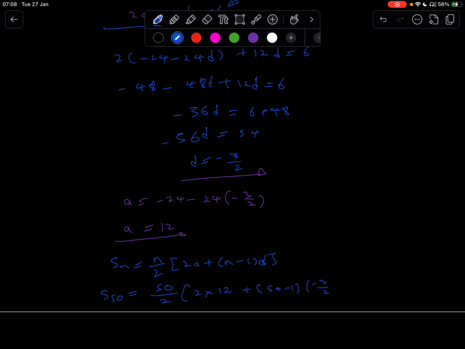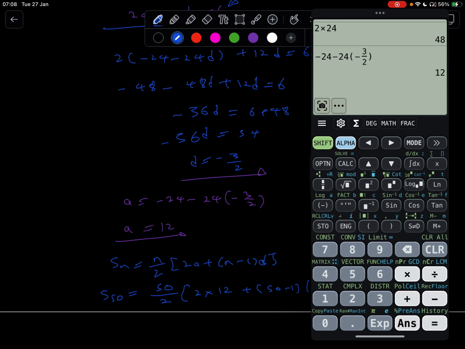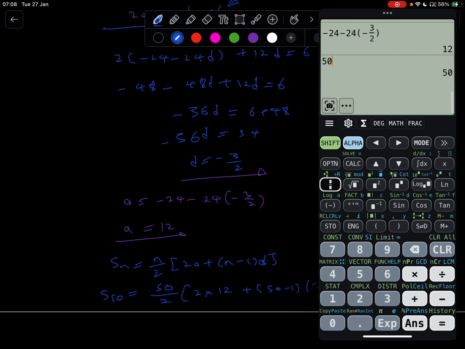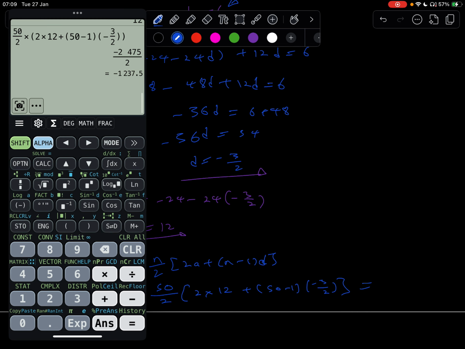So that is 50/2 into 2 times 12 plus 50 minus 1 times -3/2, let's use brackets, and then close the big bracket, and that's the sum. And that's the answer. We are done.